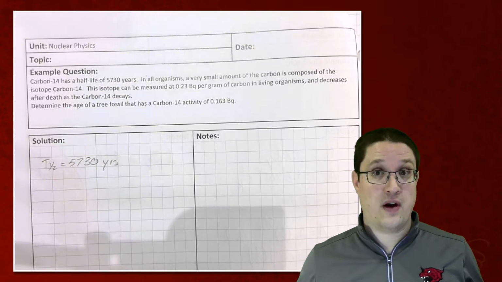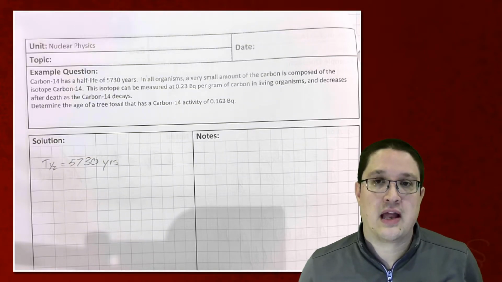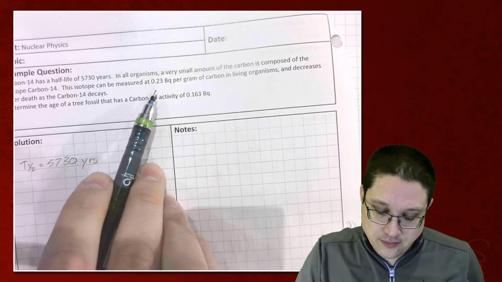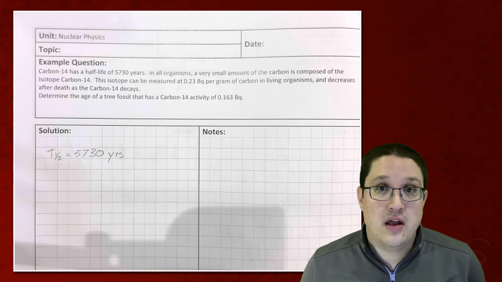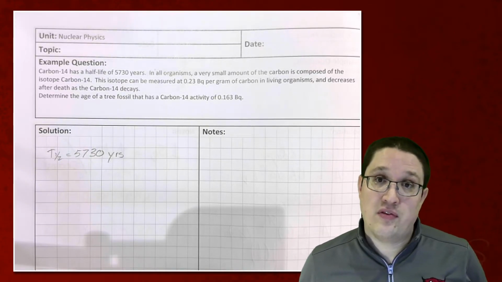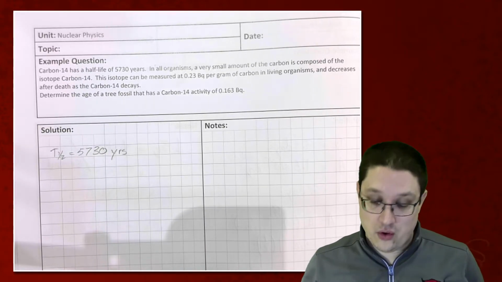That means from me or from the cookie that you're eating, the carrot that you're eating, there's 0.23 becquerels per gram of carbon activity that is measurable from there. And that's a really, really consistent number that we find everywhere around the world.